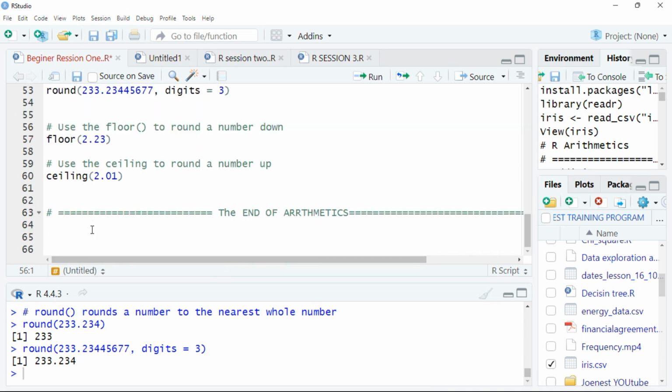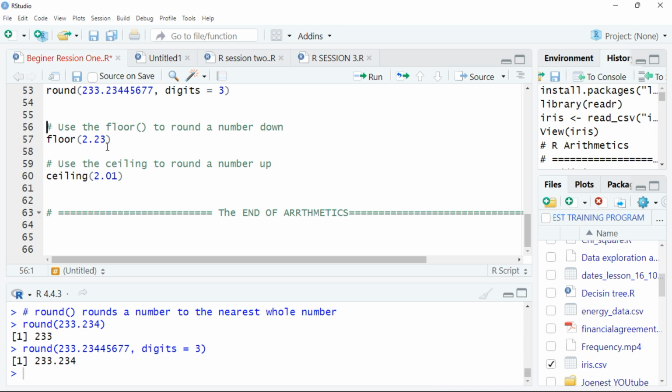We have two other things that we have to take note of. We have what we call the floor, and we have what we call the ceiling. Those who have done economics before, I think you have come across this. The floor is used to round a number down, and the ceiling is used to round a number up. So here you have 2.23.